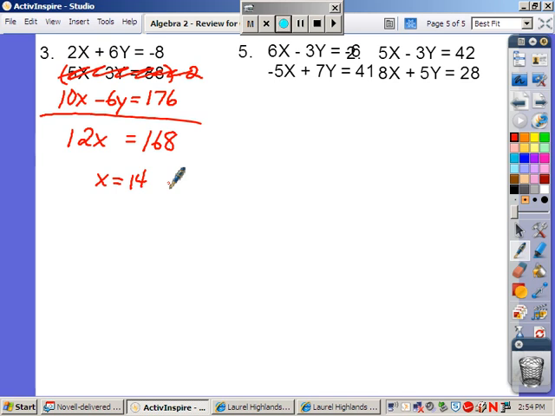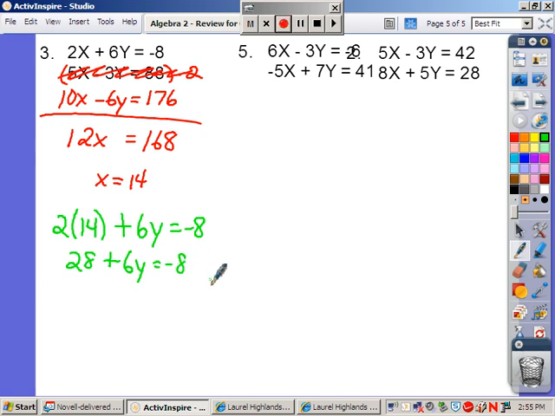So I have x now. Now I need to go back and get y. For these problems, usually the second variable takes slightly more work than the first one. So I have this answer for x. I'm just going to go to this first equation and say, here's an x. I'll put 14 in there instead. And that gives me 28 plus 6y equals negative 8.